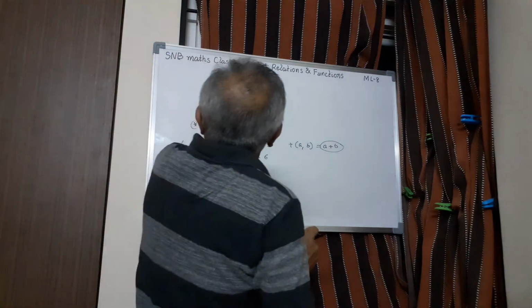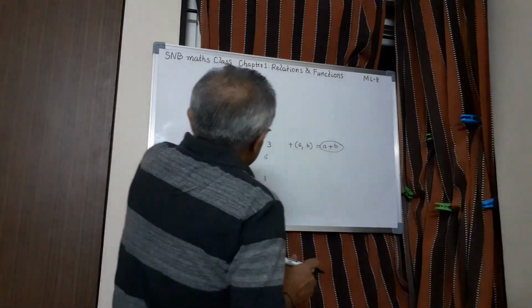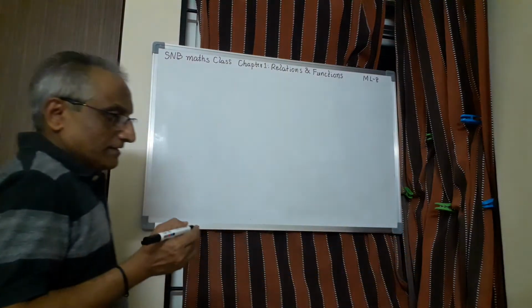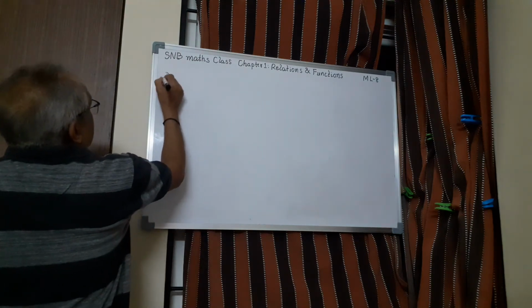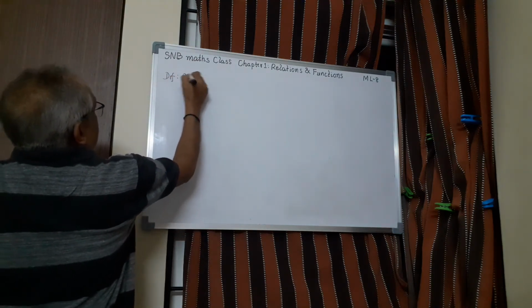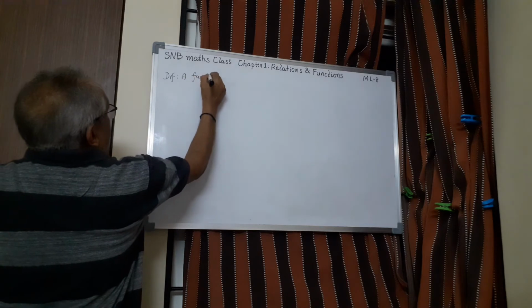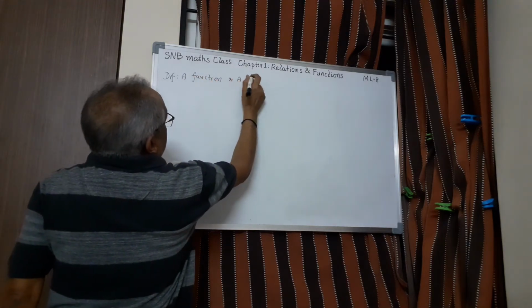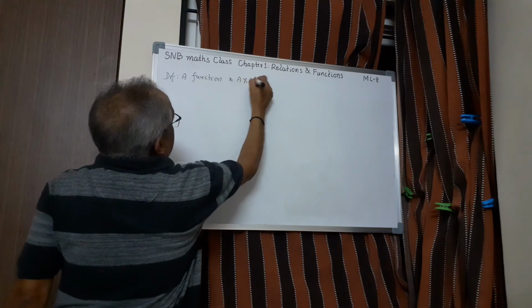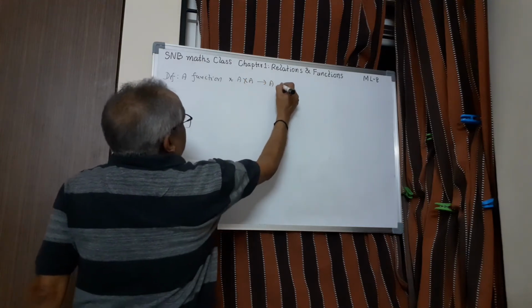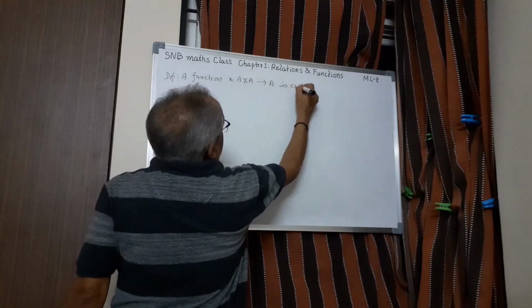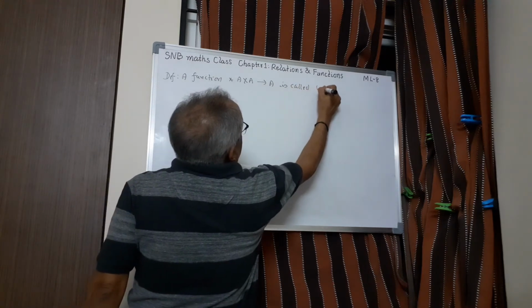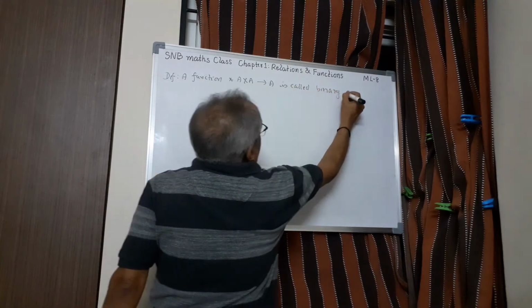Now, let us define the binary operation. So, the definition is very simple. A function star from A cross A to A is called a binary operation.